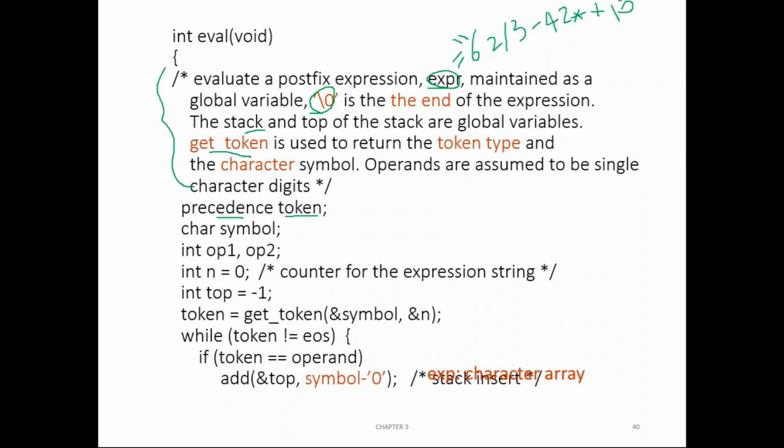Including the backslash, it is just read as one character. This is backslash, this is 0. This is the string which we are going to evaluate, and this string is stored in the character array expr. This is our understanding, right?